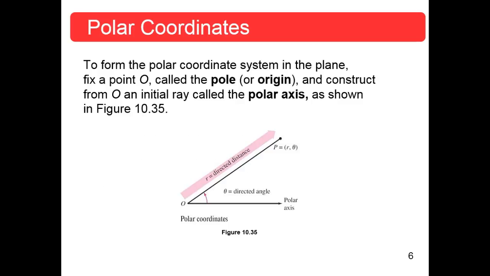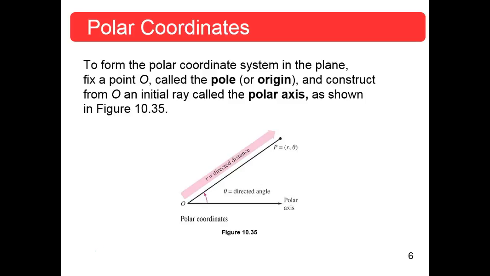To form the polar coordinate system in a plane, we fix a point, the origin, pretty much the same origin as we used before, okay, called the pole or the origin. We construct from that point an initial ray, the polar axis. Not too new here either, as shown here.